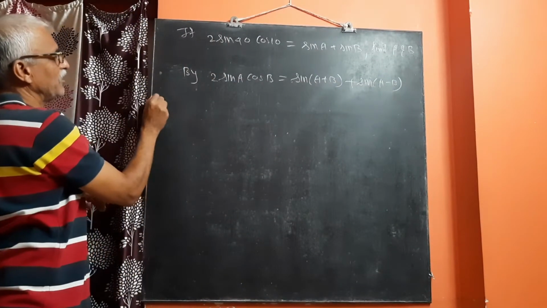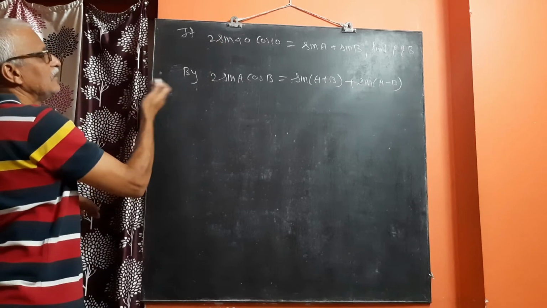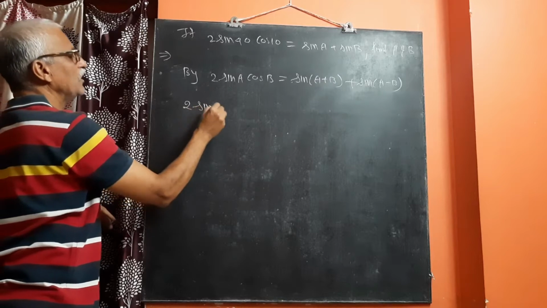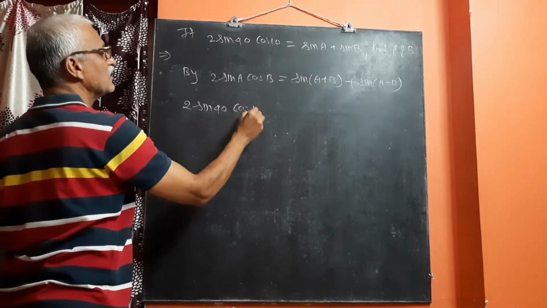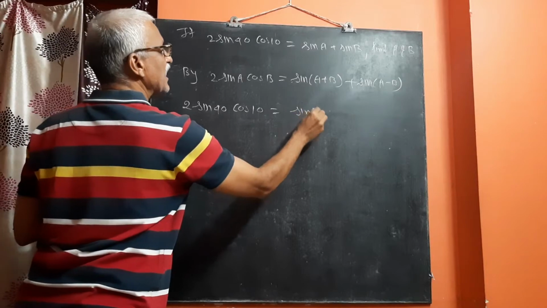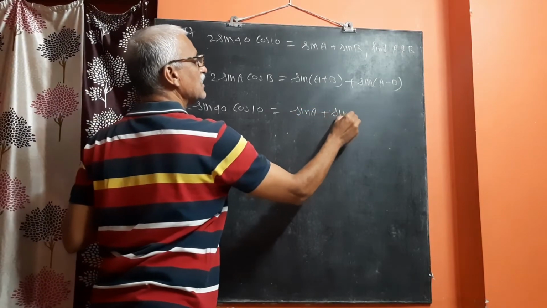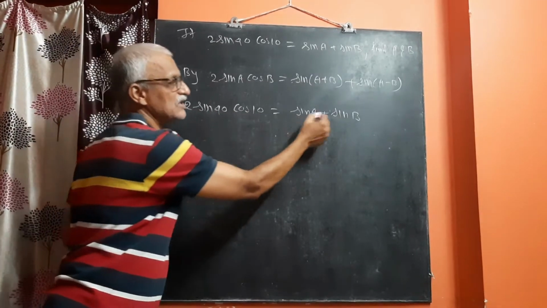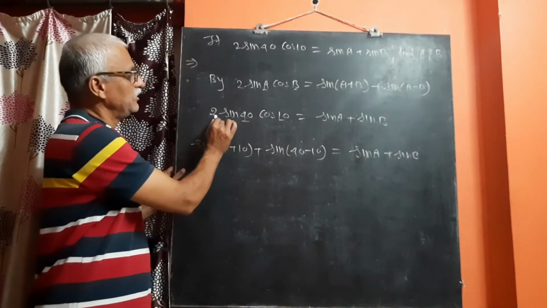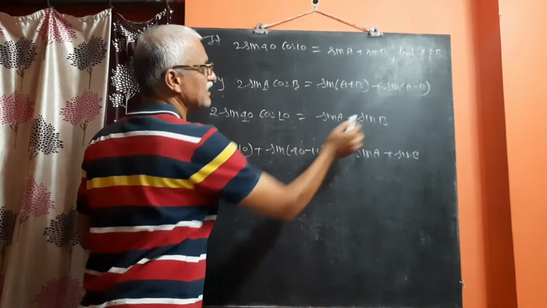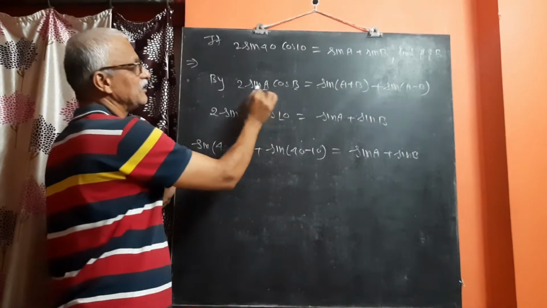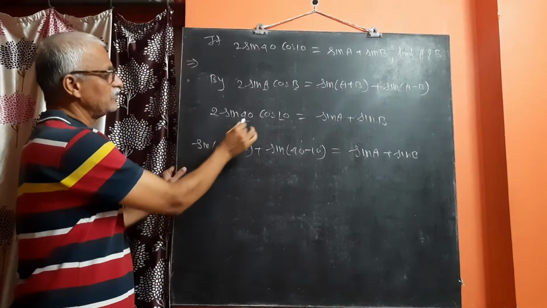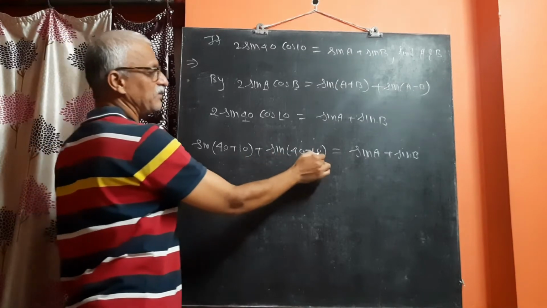What are we given? We are given that 2 sin 40 into cos 10 is equal to sin A plus sin B. So 2 sin 40 into cos 10, that means 2 sin A cos B, is sin of A plus B plus sin of A minus B. That will be sin of 40 plus 10 plus sin of 40 minus 10.